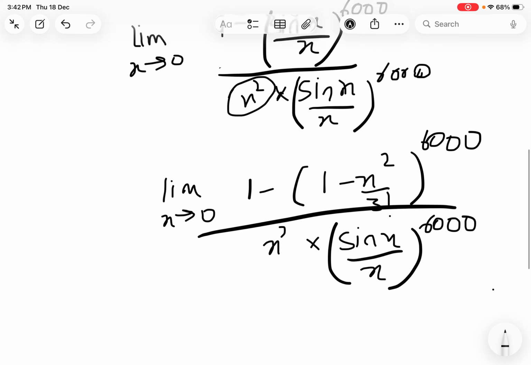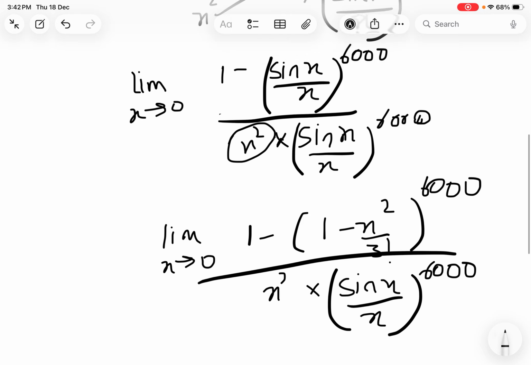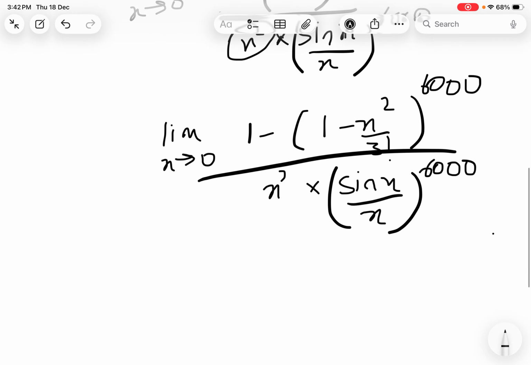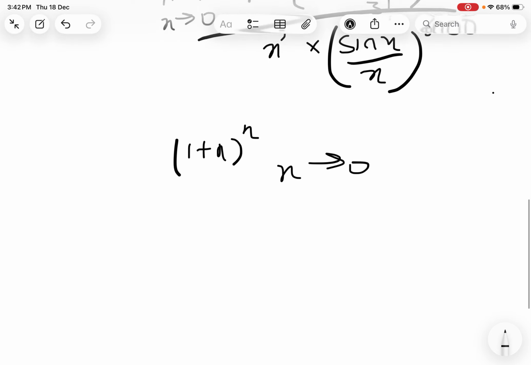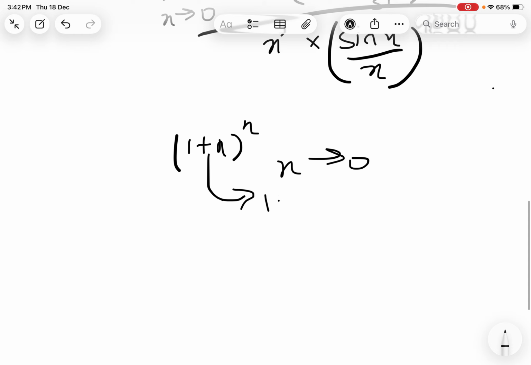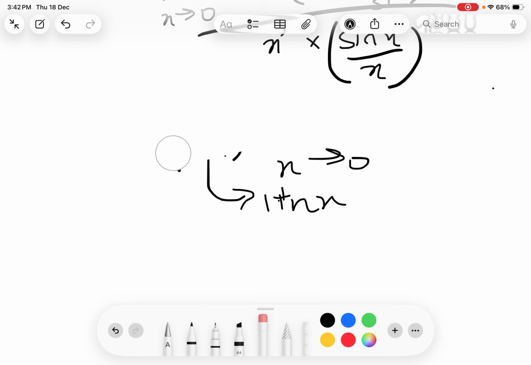Now this expansion will be very big, so we are going to apply the binomial expansion. As we have seen in basic maths also, when 1 plus x raised to the power n is such that x is tending to 0, then this expansion becomes 1 plus nx, right? So we are going to apply this binomial expansion.